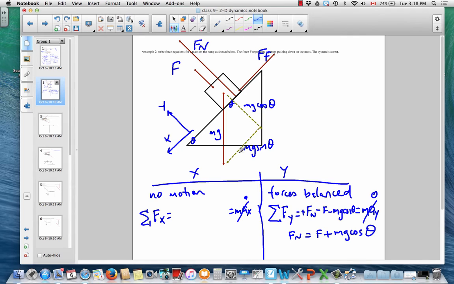There's friction and the slide component. So they have to be equal to each other. mg sine theta is in the positive x direction along my positive x-axis, and friction is in my negative direction along the negative x-axis. So mg sine theta equals friction when I take this over to the other side. That's what the force equations look like.